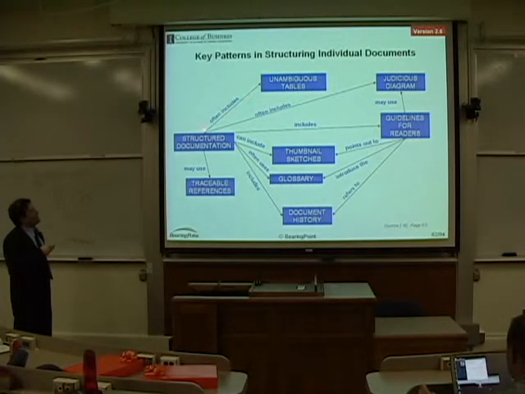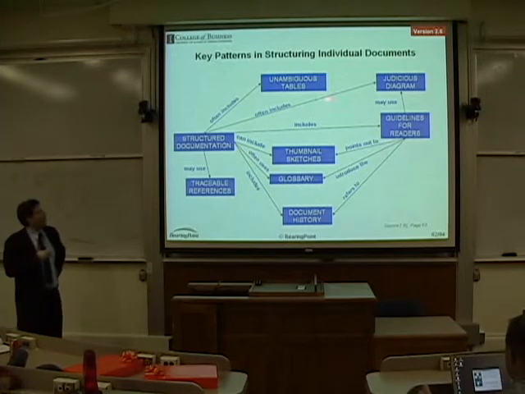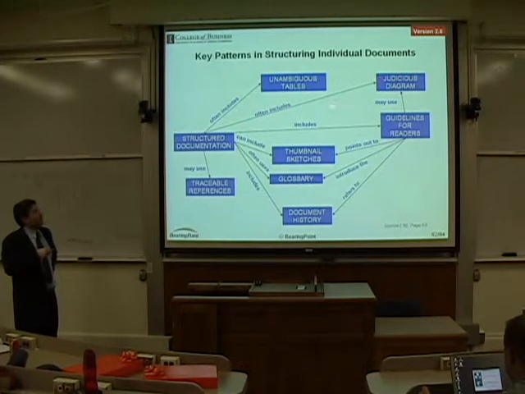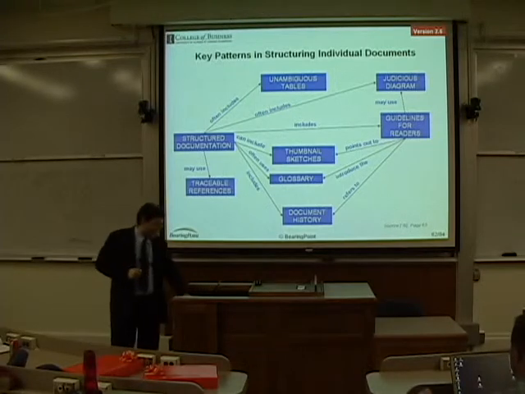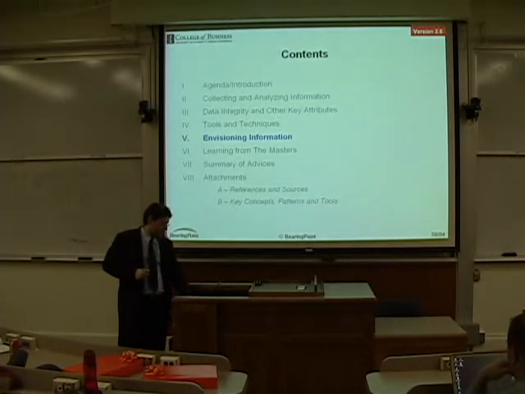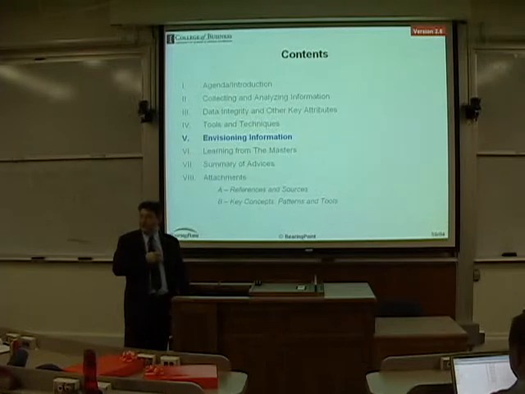To have good documents, you hopefully have them structured, of course, which means that you need to use unambiguous tables. You use judicious diagrams. You include guidelines for readers. What that means is you have things like this that tell you where you are in the presentation.